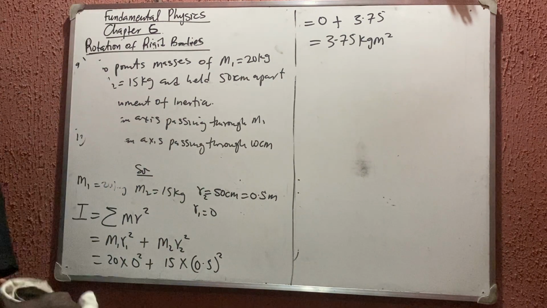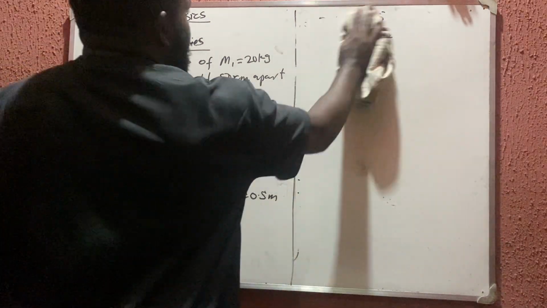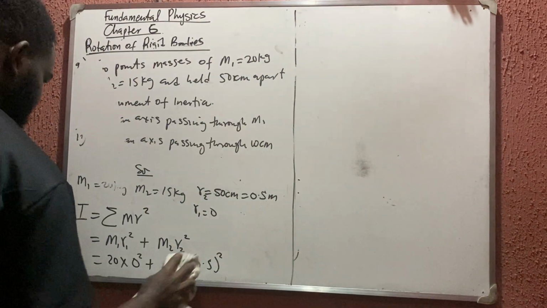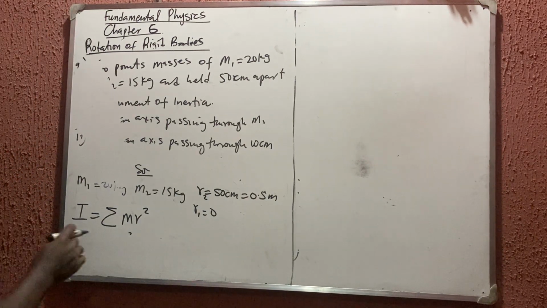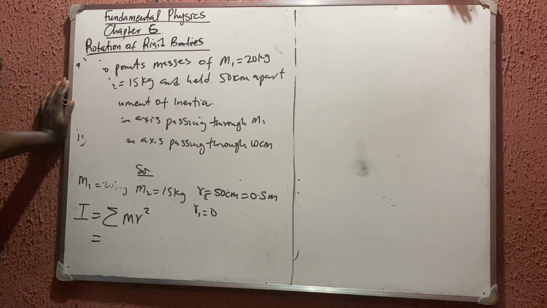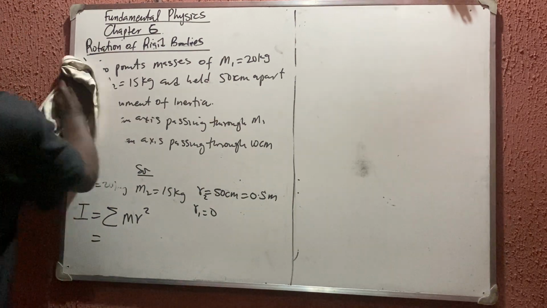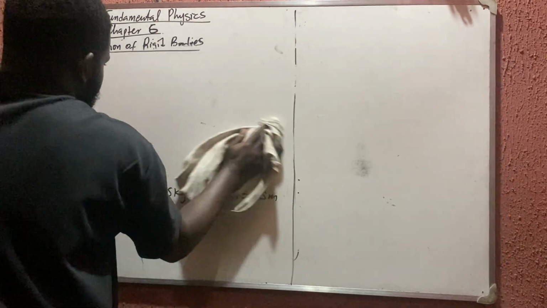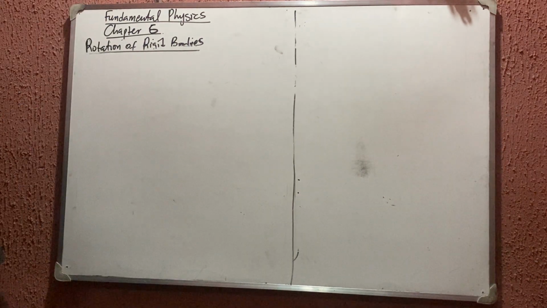Since it's passing through 10 cm, they want to say passing through M1. Let me check something. If it's passing through 10 cm, it's passing through 10 cm. You can try that and give me the answer in the comment section. I'm getting confused, but maybe we'll look at that and then I'll drop the solution in the comment section. I don't want to get confused, I beg.